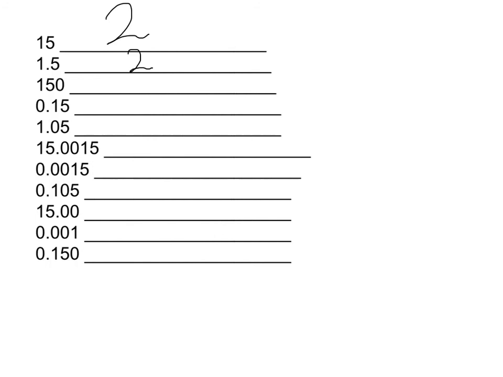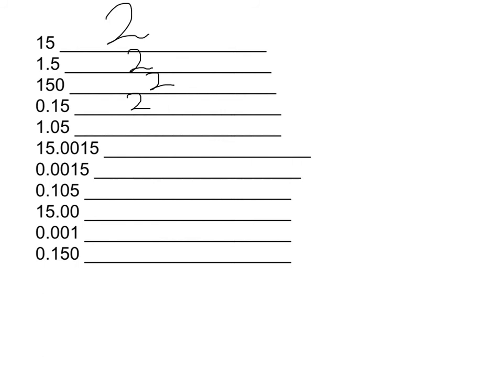So actually 150 also only has 2 significant figures. 0.15, okay, so the 5 is significant, the 1 is significant, but the 0 before the decimal is not furthest to the right, and it's not between any numbers that are significant.